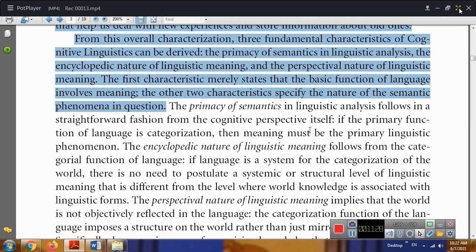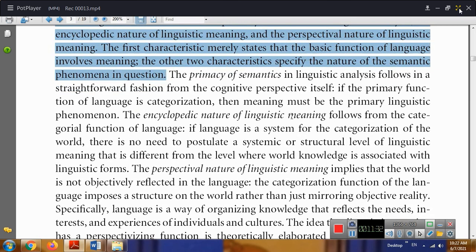The primacy of semantics in linguistic analysis follows in a straightforward fashion from the cognitive perspective itself. If the primary function of language is categorization, then meaning must be a primary linguistic phenomenon.